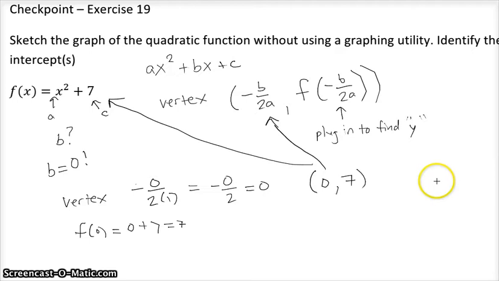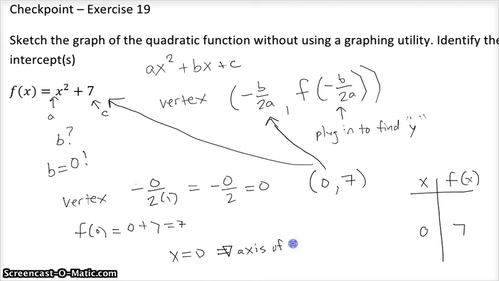In terms of a graph, I know a couple of things right now. I know that the point 0, 7 is my vertex. The equation x equals 0 is my axis of symmetry. So I have my vertex and my axis of symmetry.